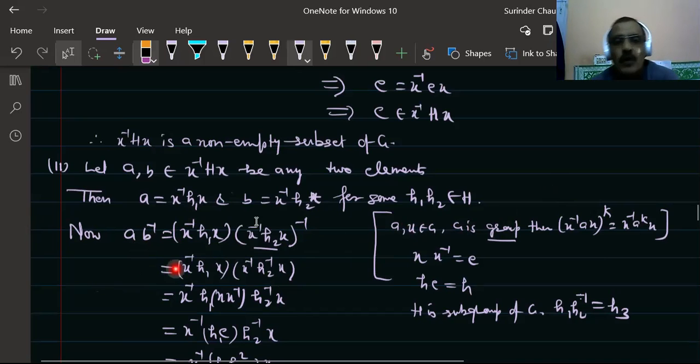So let's define the product. They are elements belonging to x inverse Hx, and they have this type.